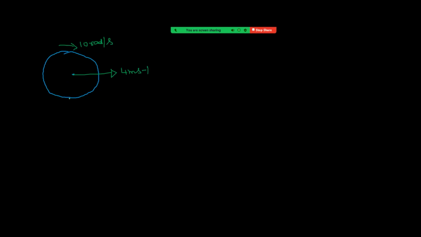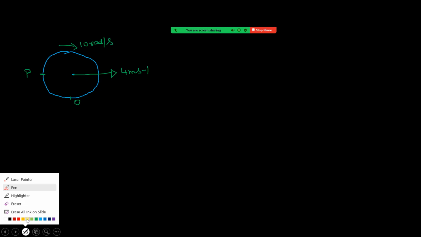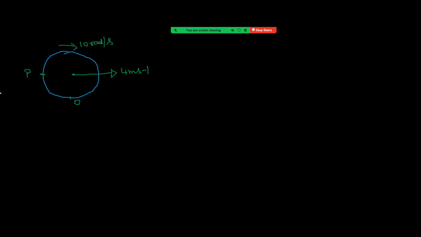This is the contact point O, and there is one more point at the same height as the center of that disk, that is point P. Now see what we have to find. We have to find the location of the instantaneous axis of rotation. That means about which point this body is now in pure rotation.